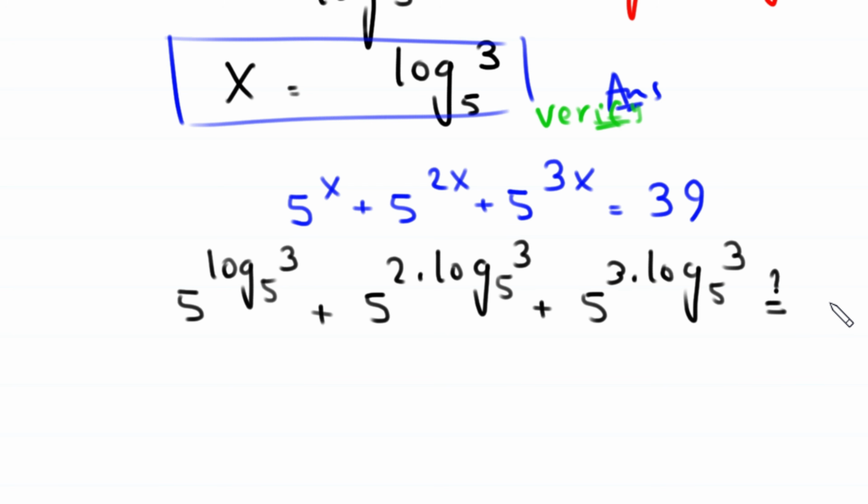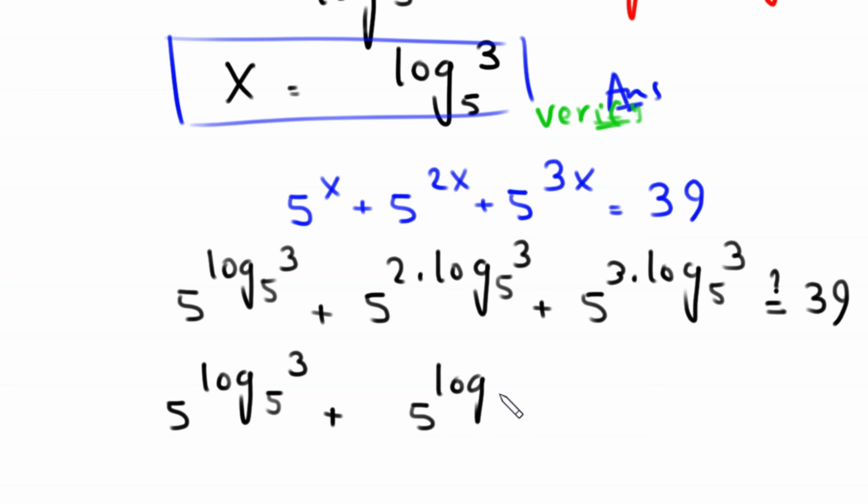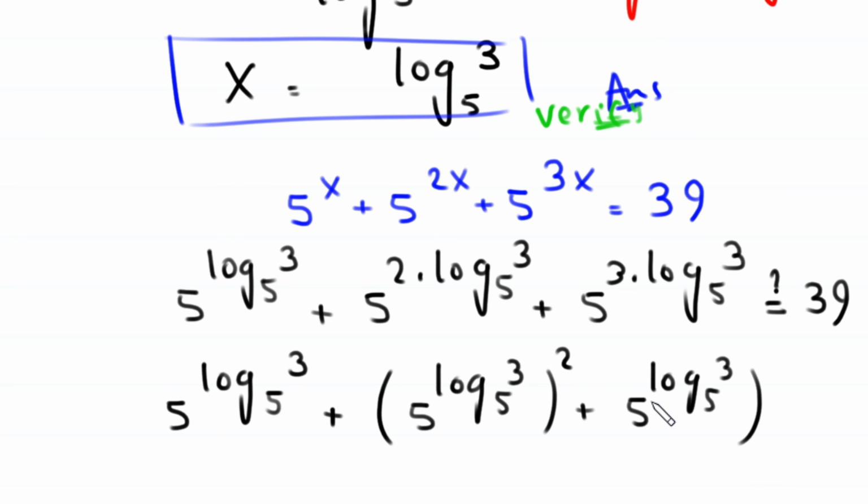Is this equal to 39? Next, this can be written as 5 to the power log base 5 of 3 plus 5 to the power log base 5 of 3 whole squared, and this can be written as 5 to the power log base 5 of 3 whole cubed.